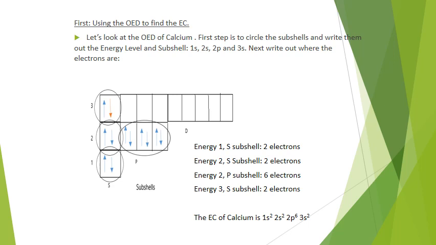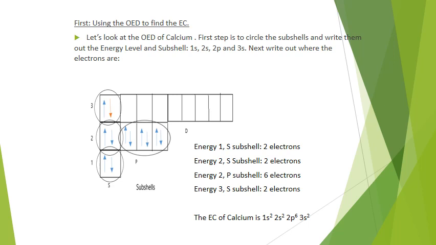And then what you do is you write down the energy level, the subshell, and then how many electrons are in the subshell. So write down 1S and 2 arrows, so 1S2. It's not squared, okay? It's superscript. And then it has 2S2. And then it has 2P, and there's 6.